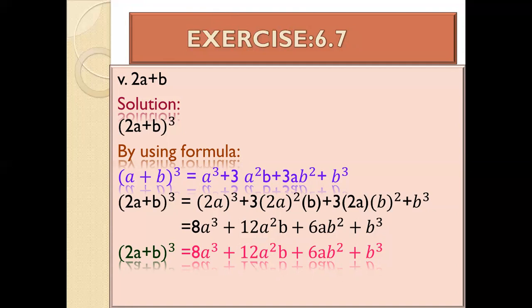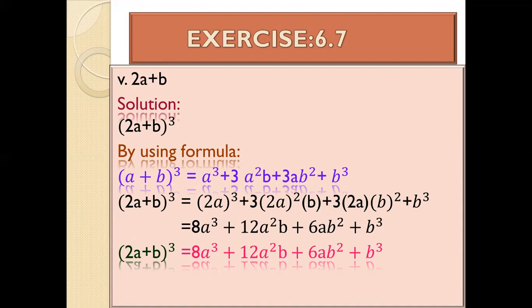In this question, we have the plus formula: 2a plus b whole cube, where a is 2a and b is b. a plus b whole cube is a cube plus 3a square b plus 3ab square plus b cube. Now we put the values in the formula. a is replaced with 2a and b with b.